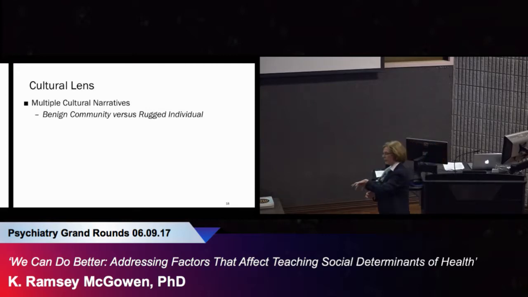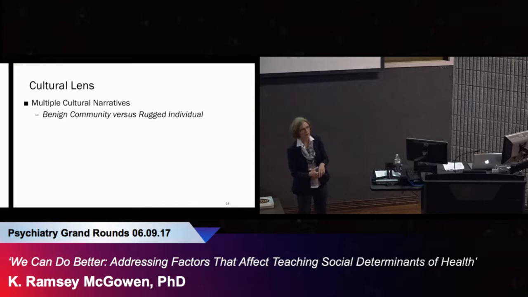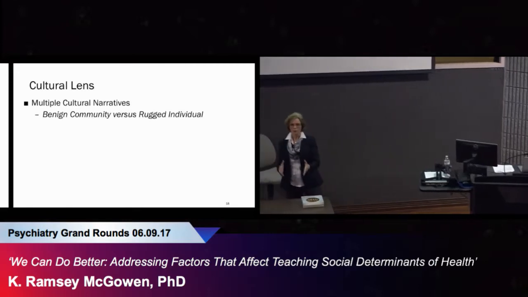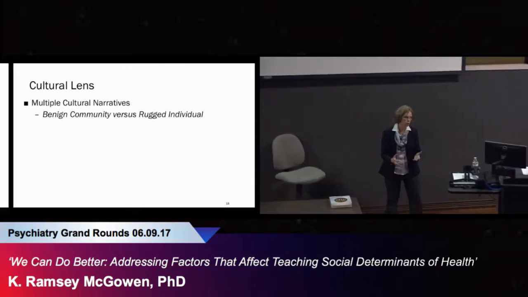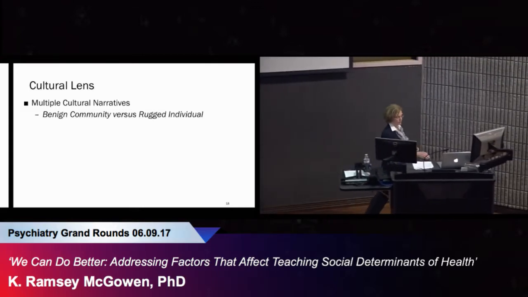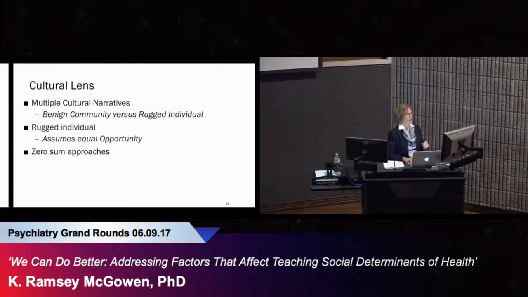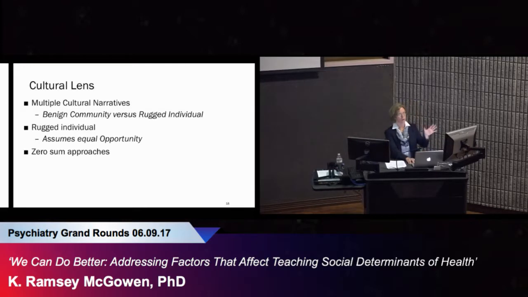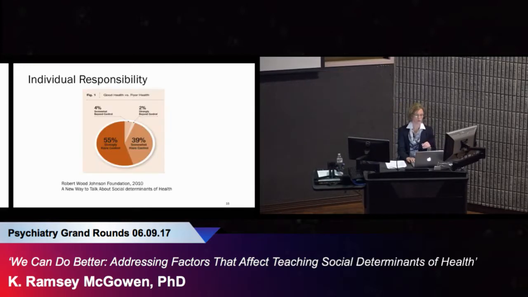But the other narrative, and this is probably a stronger one in the United States, is the narrative of the rugged individual, the self-made person, that anybody can go as far as they want to go if they just put their mind to it and do what they need to do to succeed. And so I'll talk more about that and also about this mentality of sort of zero-sum thinking, which we fall prey to more often than we should.